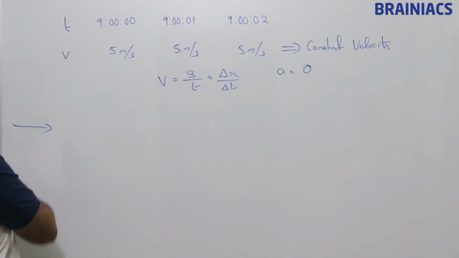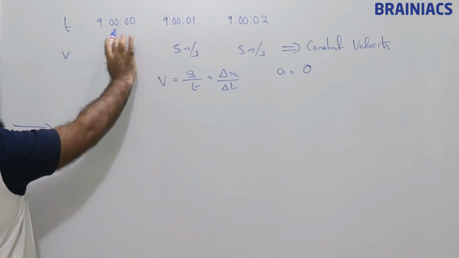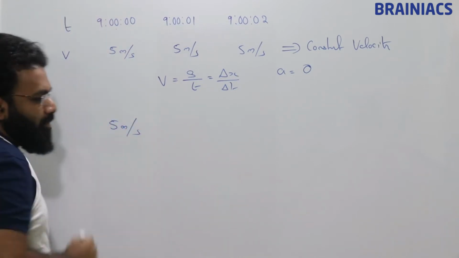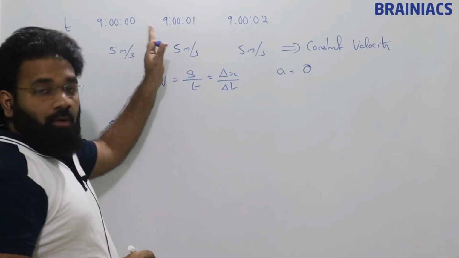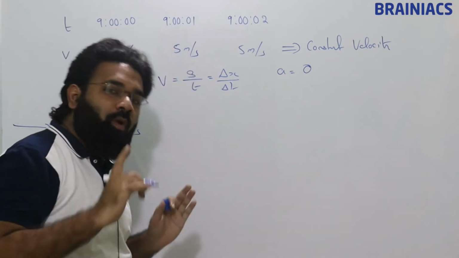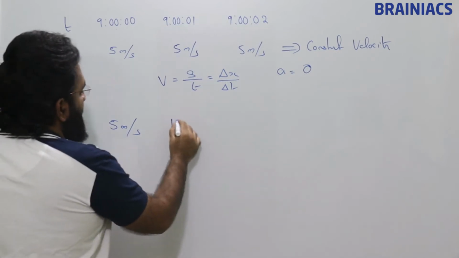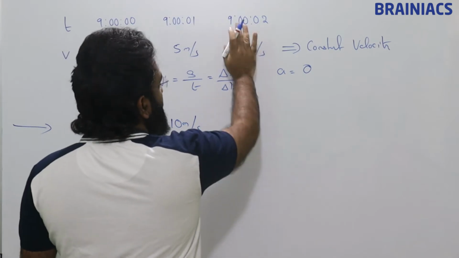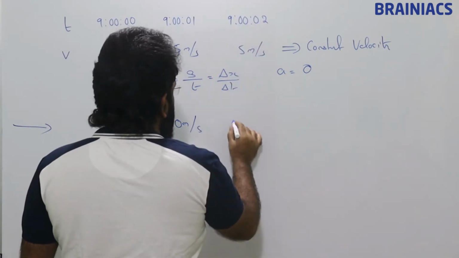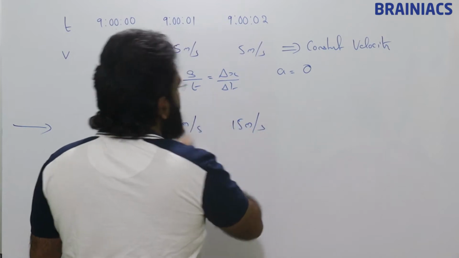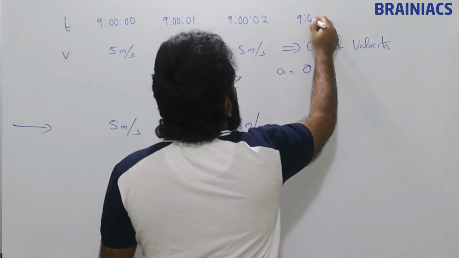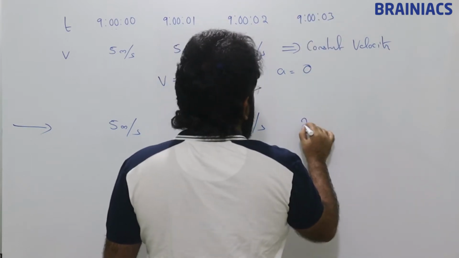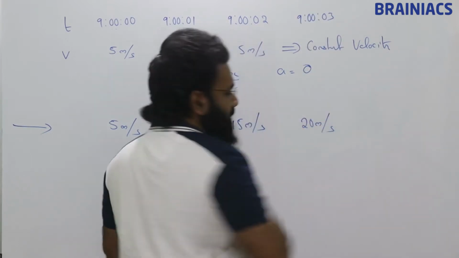Now consider this situation. At 9 o'clock 0 minutes 0 seconds the velocity is 5 meter per second, at 9 o'clock 0 minutes 1 second the velocity is 10 meter per second, at 0 minutes 2 seconds the velocity is 15 meter per second, and at 0 minutes 3 seconds the velocity is 20 meter per second.